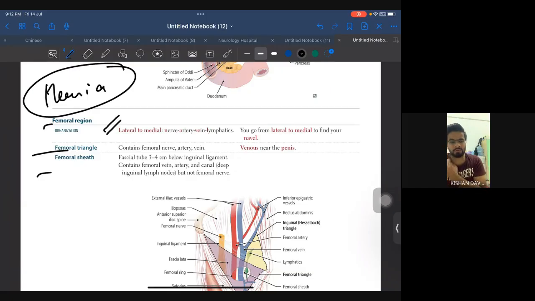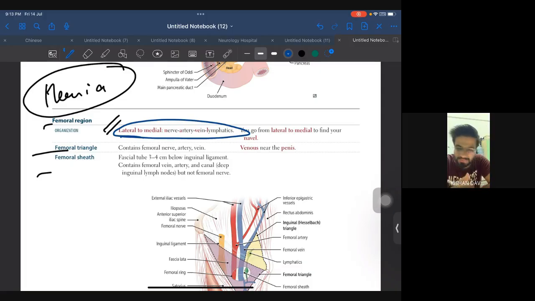In the NBME also there was no question. I think one question might be there, but in UWorld they haven't asked what are the constituents of the femoral triangle or femoral sheath or femoral canal. Nothing like that. One thing they have asked is lateral to medial, the arrangement of nerve, artery, and vein. Make sure you know only this much. That's all; you can avoid the rest.